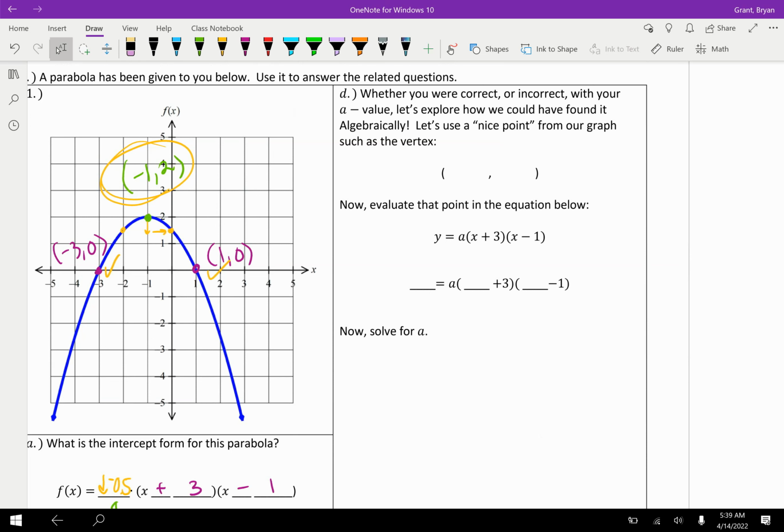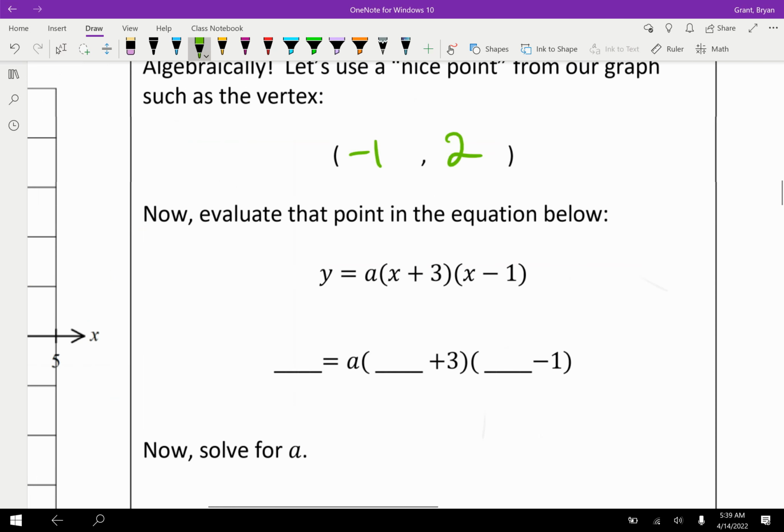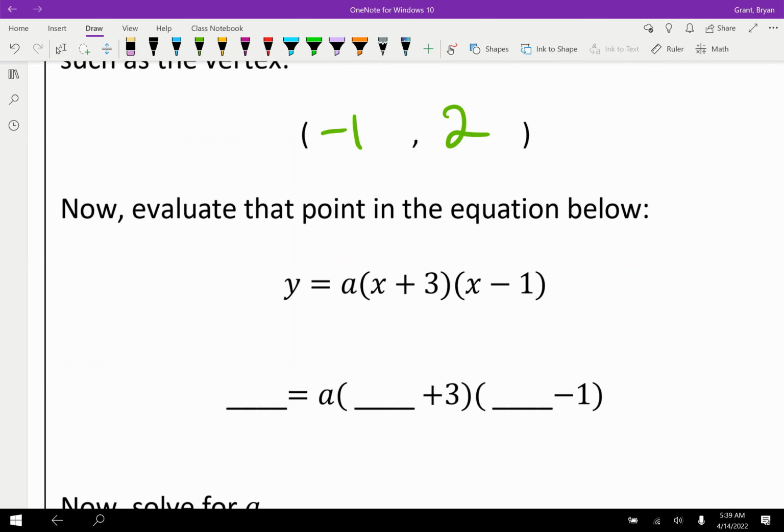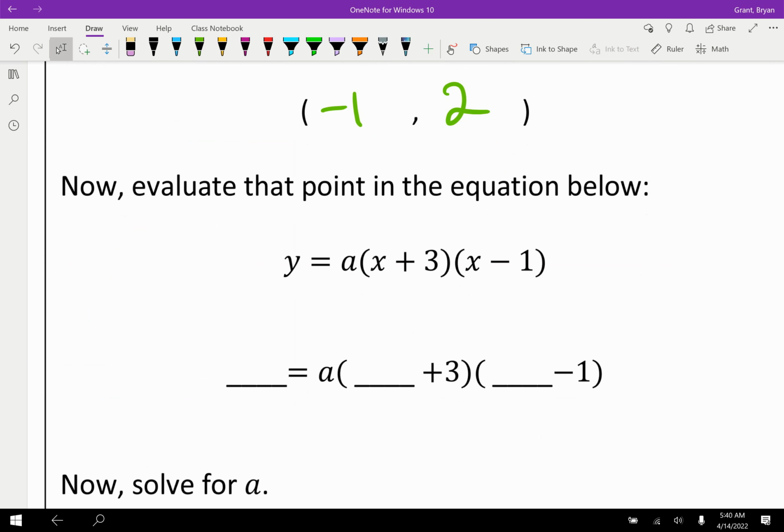I'm going to do the same thing as before. I'm going to use that same point, negative 1 comma 2. Except this time, I'm going to use an incomplete equation. My incomplete equation still has a here. This is basically saying we're not exactly sure what a is, so let's leave it. But I'm going to do the same thing that we just did. I'm going to go through and replace all the y's with 2 and all the x's with negative 1.